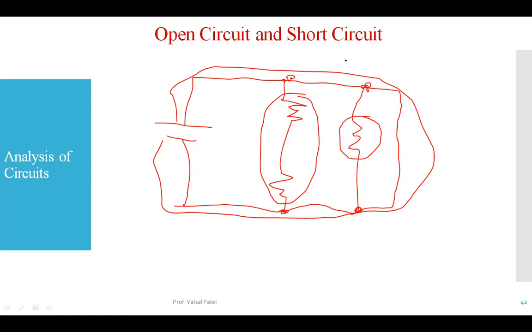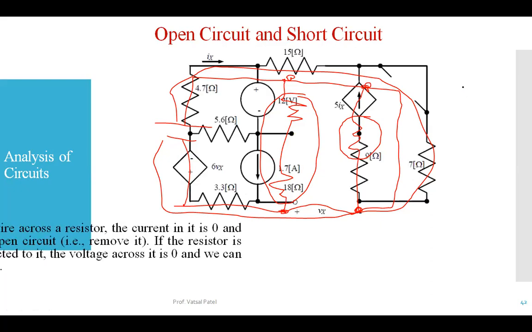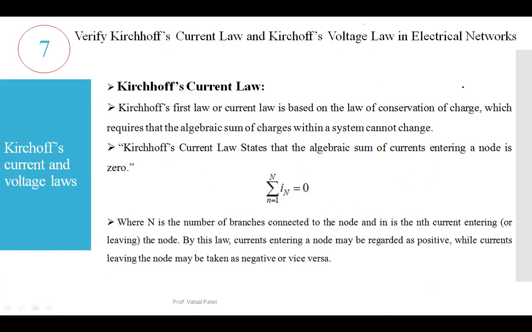Okay, so as we discussed our Kirchhoff law in the practical session, I will quickly go through this and discuss an example with you, so that you will understand very well. In the Kirchhoff current law, what did we discuss?